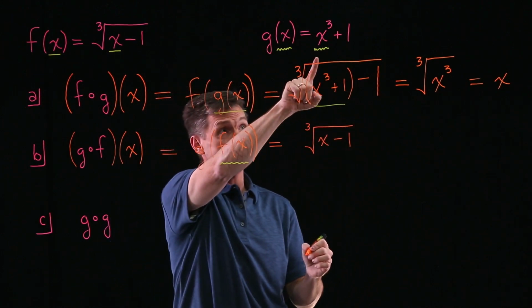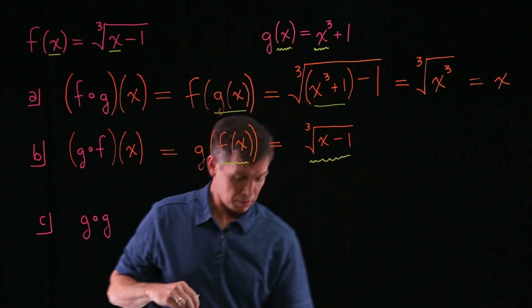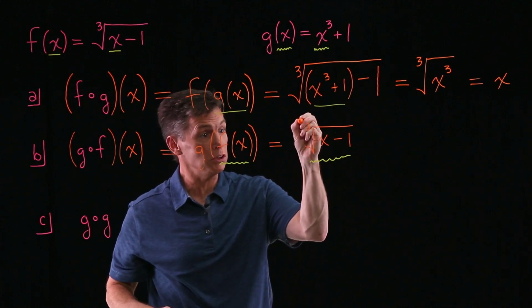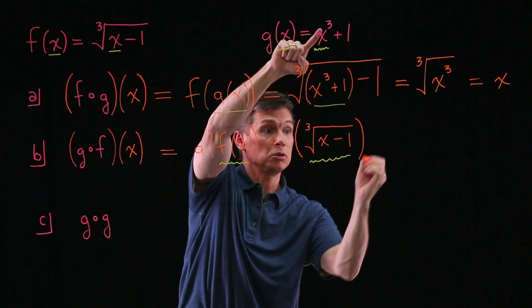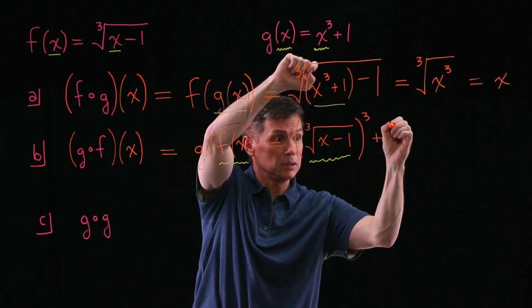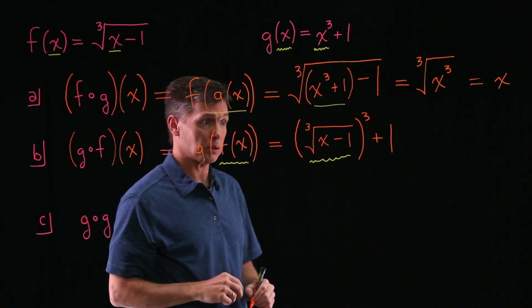Okay, and then that's just here. Let me even do that same kind of squiggle. That's the argument here, so I still need to cube it because in the g function, the argument was cubed. And I'm still in the g function, I got to remember the plus 1. Okay, and again, that's the key step. Understand what's going on there.